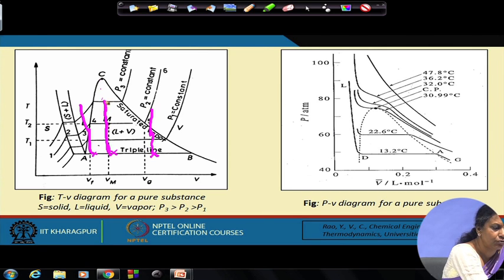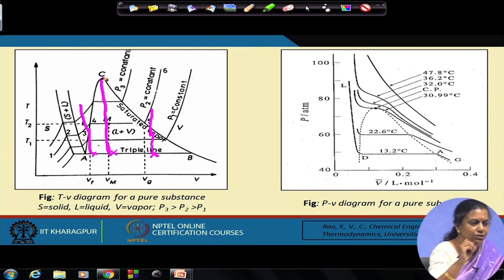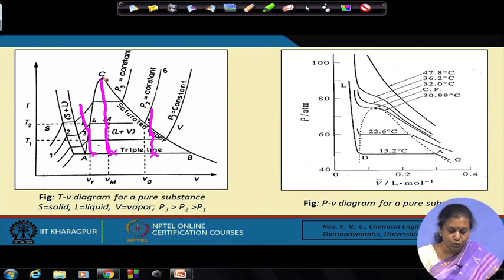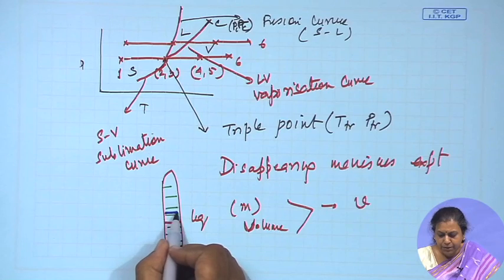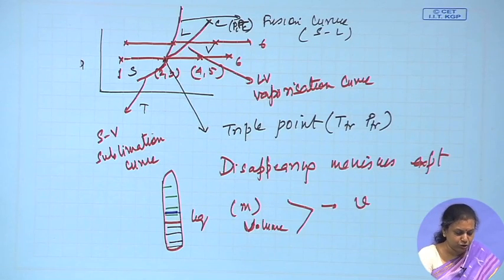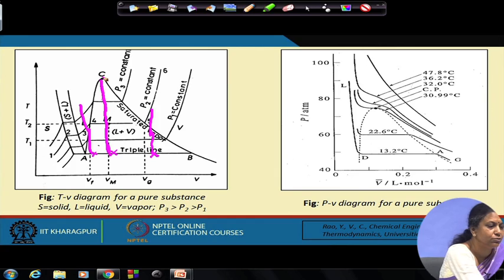You keep on following this constant quality line and continue the heating. You will find that no matter how much you heat, your meniscus will remain fixed at one particular location. It neither rises nor falls, it simply remains constant, and this continues till you reach the critical point.